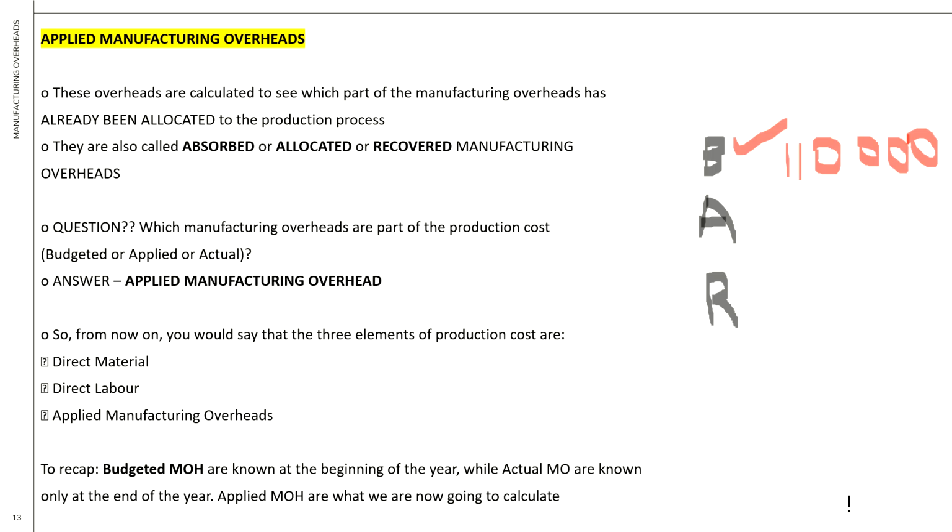We keep on paying every month for manufacturing overheads, and then at some particular time, we realize that so far we have paid 90,000 rand for the overheads.